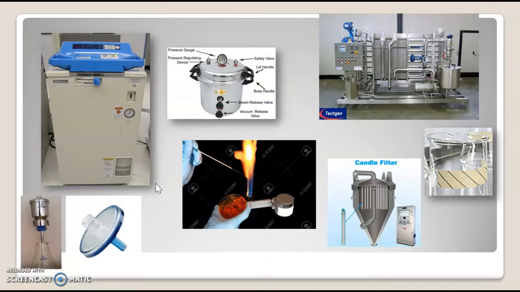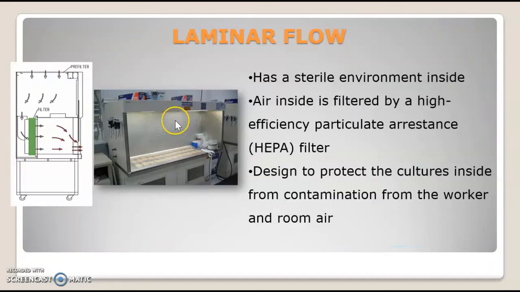The apparatus could be conical flask, nutrient broth, or nutrient agar, or other types of apparatus or materials that you require. And the third area that needs to be disinfected or sterilized is your workstation.